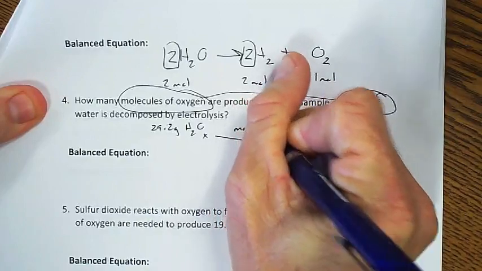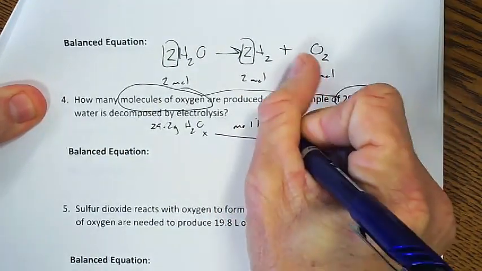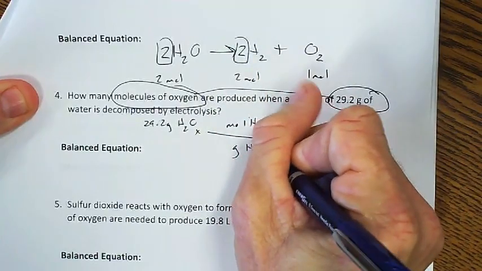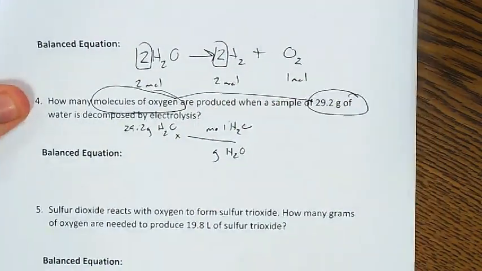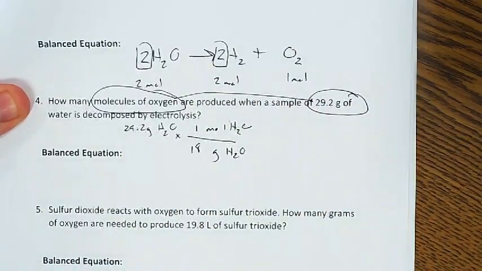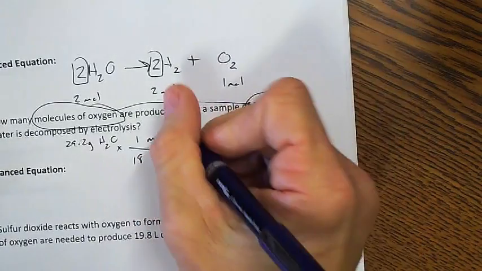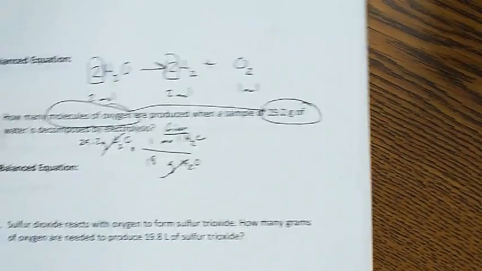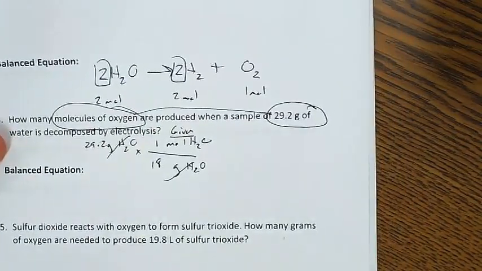We need to go to moles of H2O over grams of H2O, and 1 mole of water weighs 18 grams. So that'll give us moles of what's given. That's what you always do. We get rid of our previous unit.